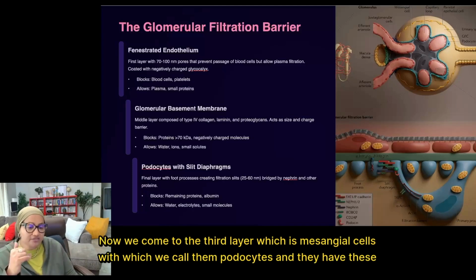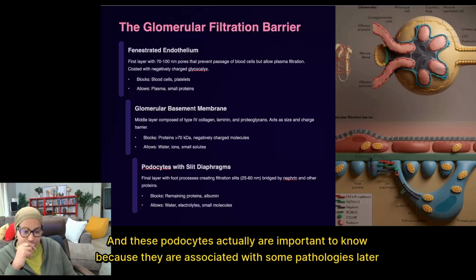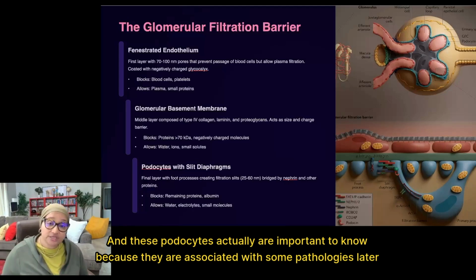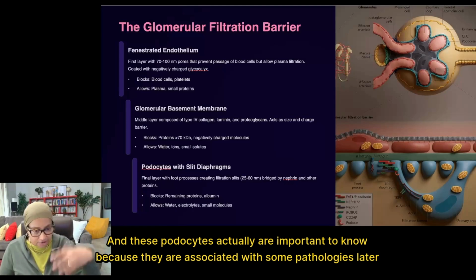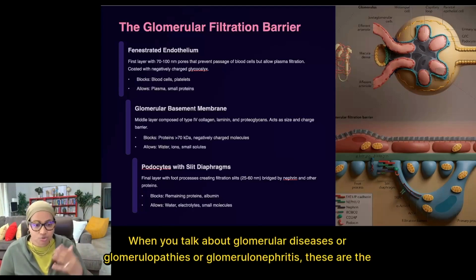Now we come to the third layer, which is the podocytes. They have these finger-like projections or foot-like processes. And these podocytes are important to know because they are associated with some pathologies later on when you talk about glomerular diseases or glomerulopathies or glomerulonephritides.